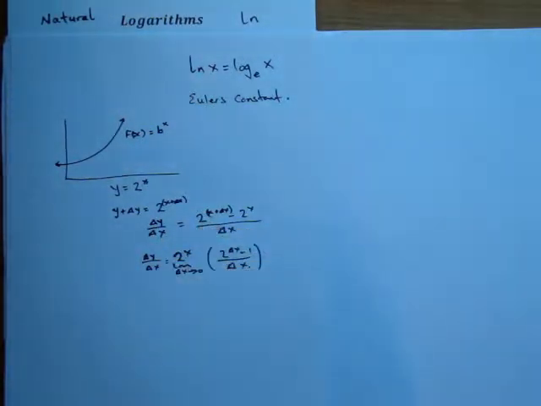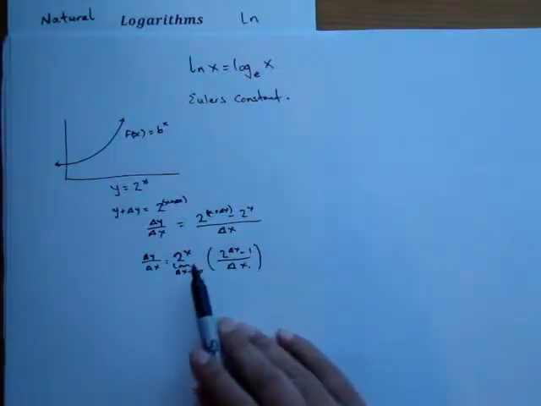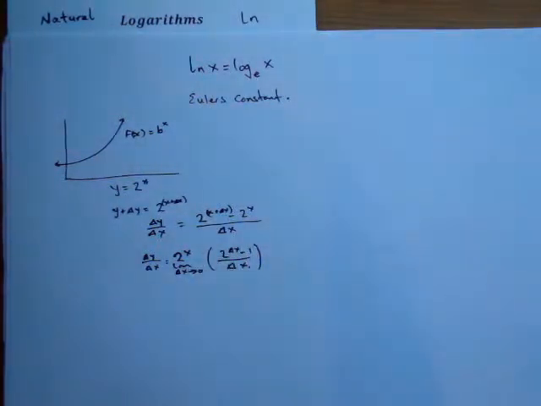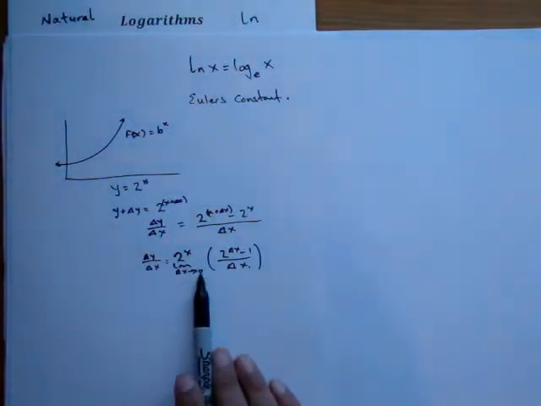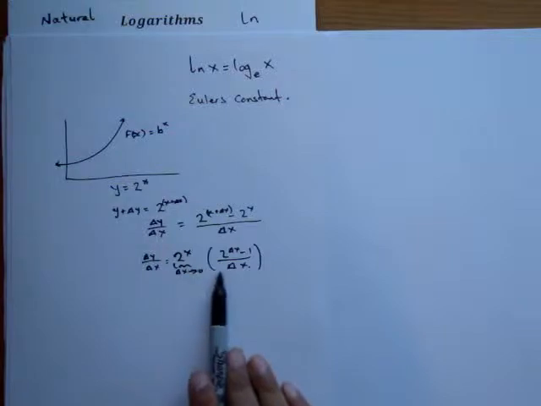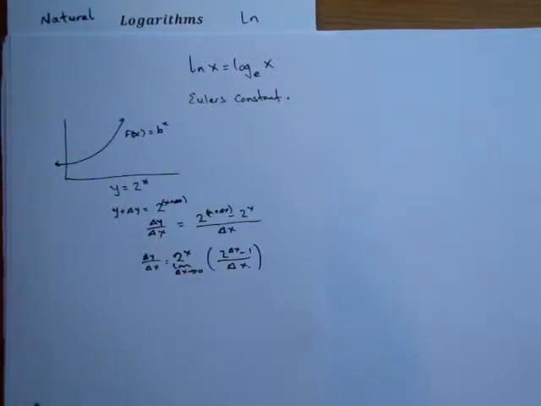So how do we then solve for this? There's no easy way to do it. What we can do is, because delta x is tending towards 0, choose a very small number and put that into the equation.